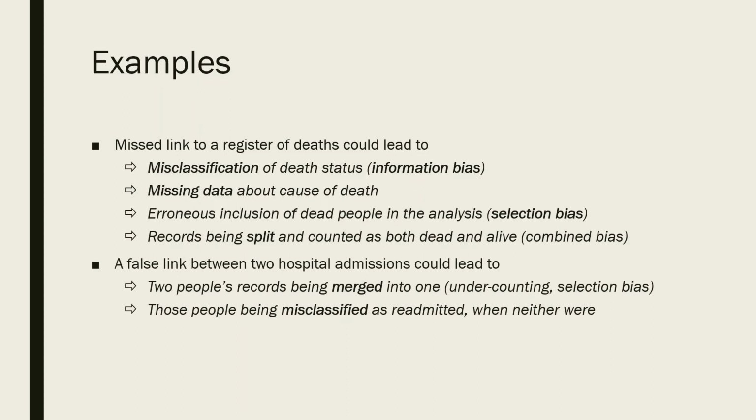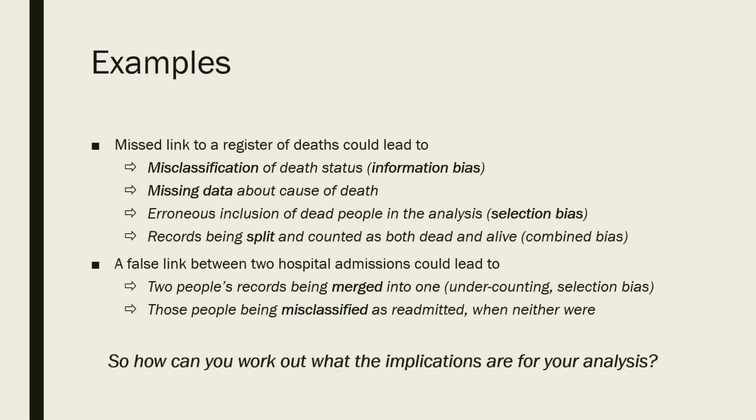Or it could lead to somebody's records being split and then being counted twice, once as being dead and once as being alive. A false link, on the other hand, between two hospital admissions could lead to two people's records being merged into one, and then leading to undercounting, as well as potential misclassification of these people as being readmitted when in fact neither of them were readmitted.